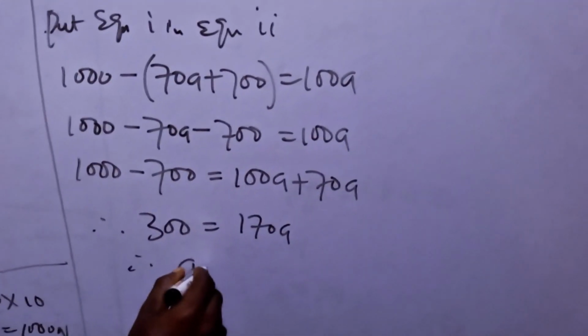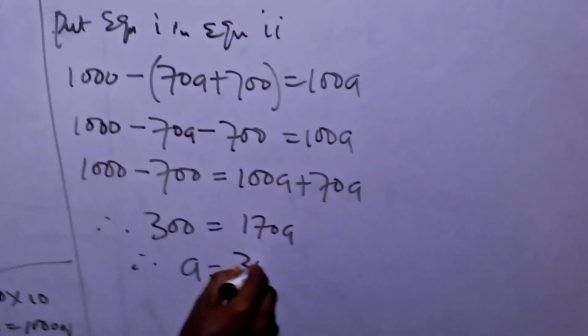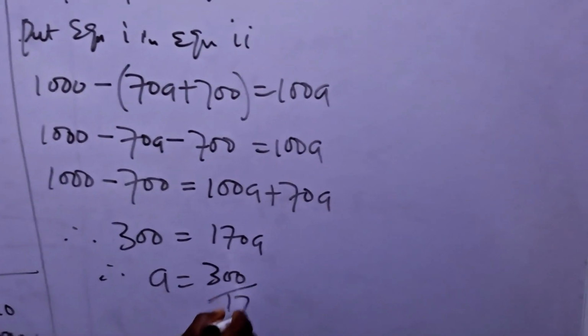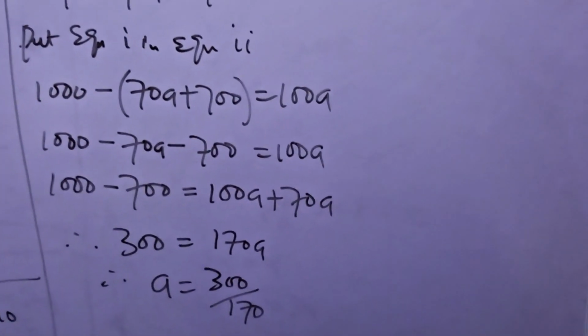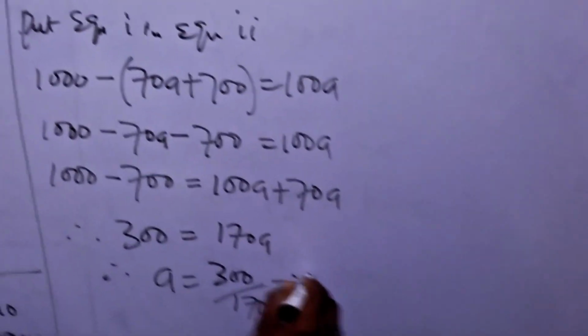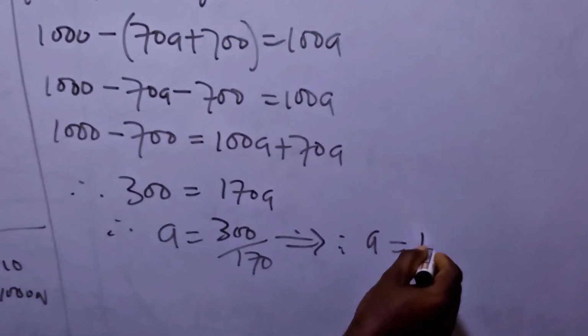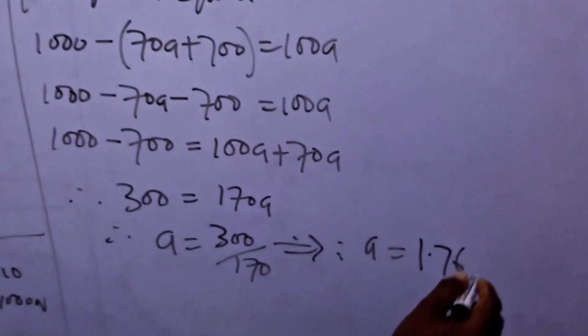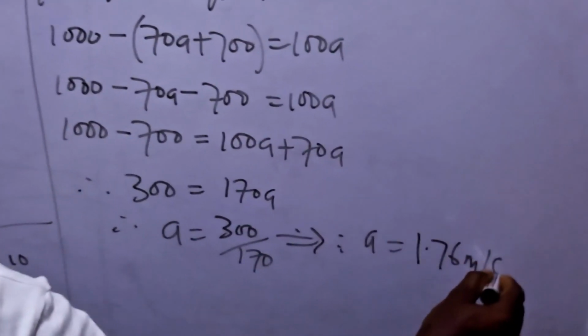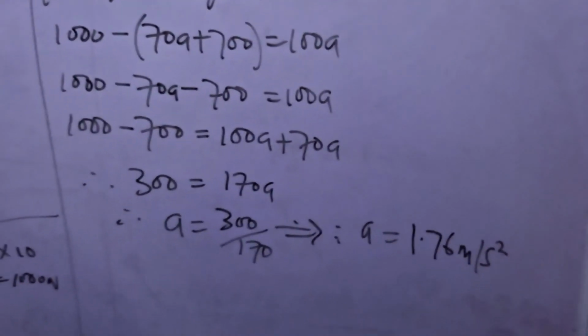Therefore, A here will be 300 over 170, which will be 1.76 meter per second square.